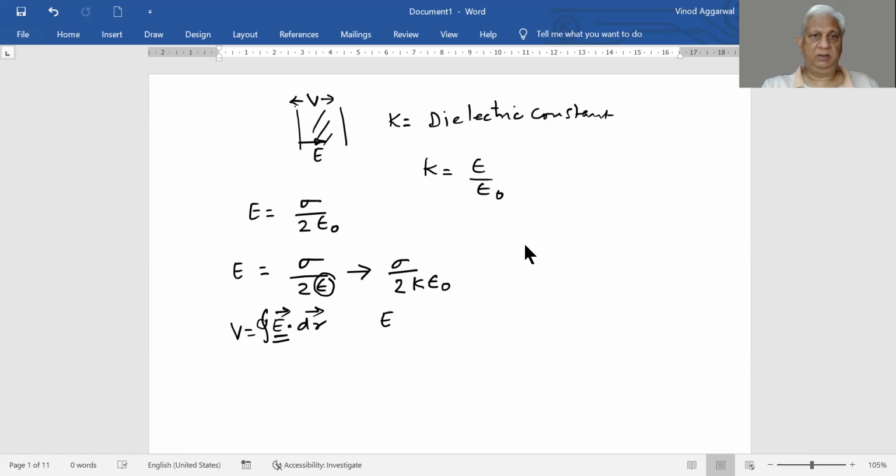If d is the separation between the plates, then this becomes E times d. All right.